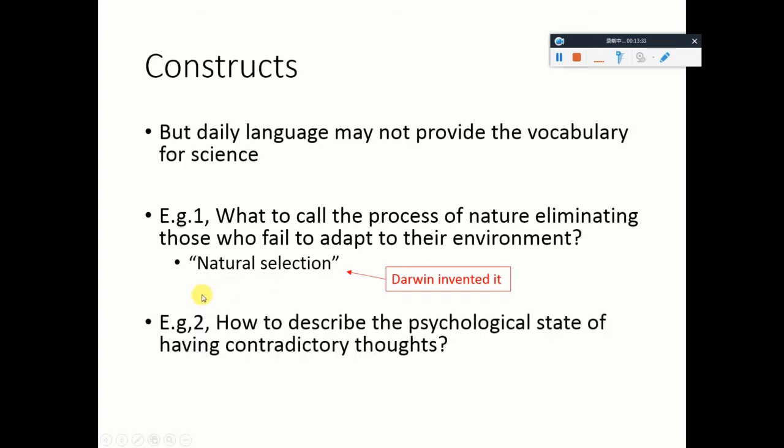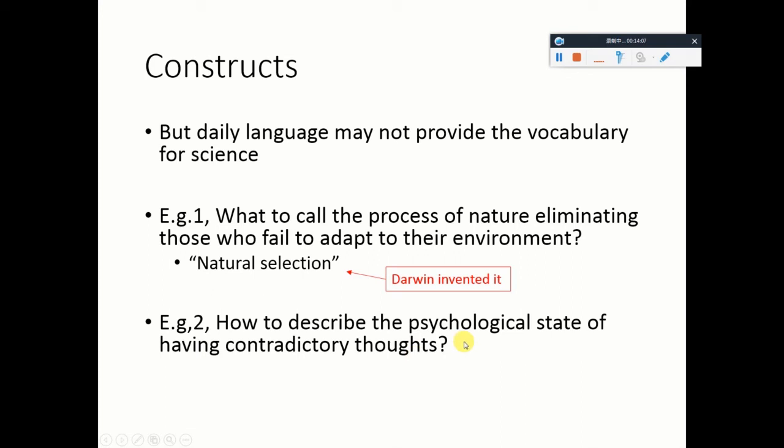As another example, right? And this is a state of being that many of us, I would say, have experience of. That is, when you have thoughts that contradict each other, and when that happens, you will feel anxiety, you will feel uncomfortable, and it turns out there's a term that psychologists will use to describe this psychological state.